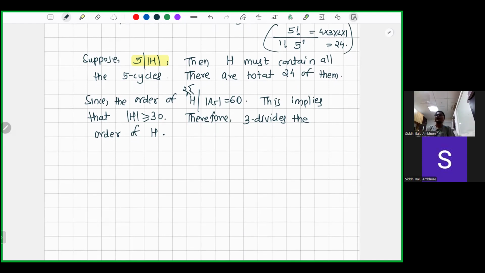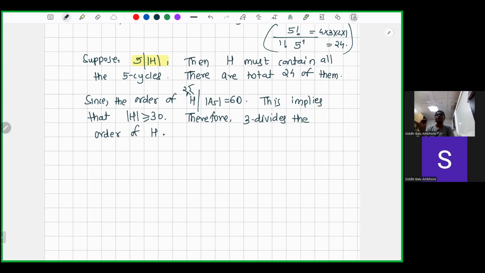The moment I have 30, order of H greater than or equal to 30, what we are doing is looking at all the divisors of 60. The moment I look at all the divisors of 60 and the order of H is at least 30, it will have an element of order 3 in it.